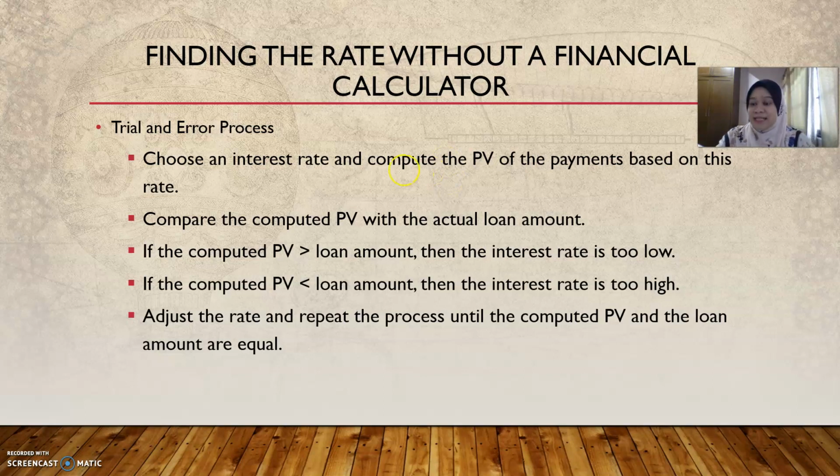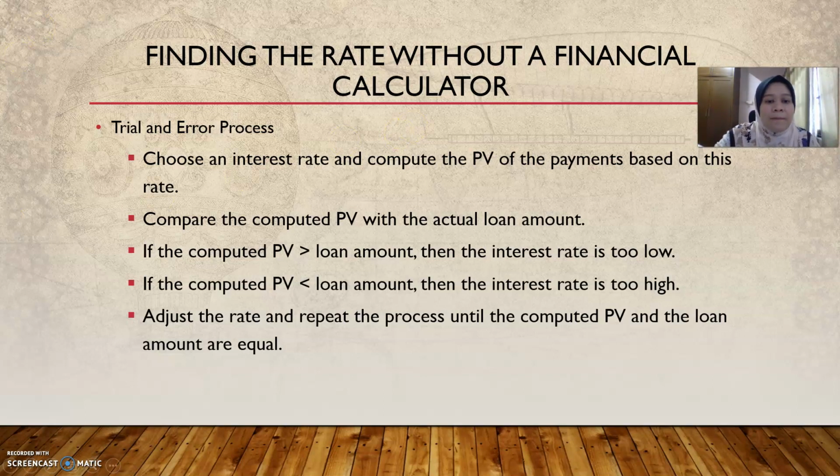Let's see this slide. Trial and error process. How are you going to find the interest rate? Choose an interest rate and compute the present value of the payment based on this rate. So you're going to find the interest rate that is suitable, that equals the present value inside the question.